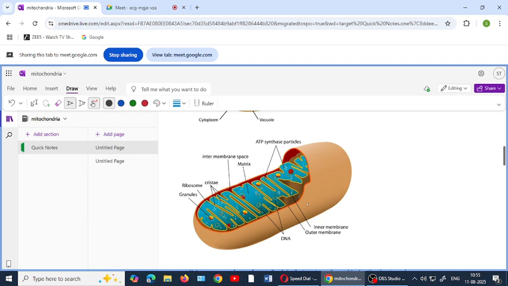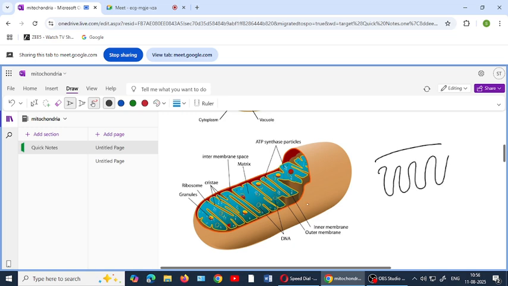Okay, so here also you can see this term cristae. What is cristae? You can see this kind of foldings here. So these foldings are called what? Cristae. Okay, why do cristae have the foldings? To increase the surface area.